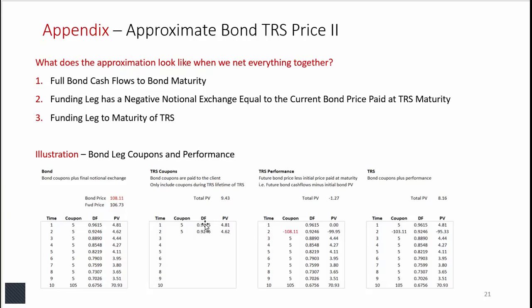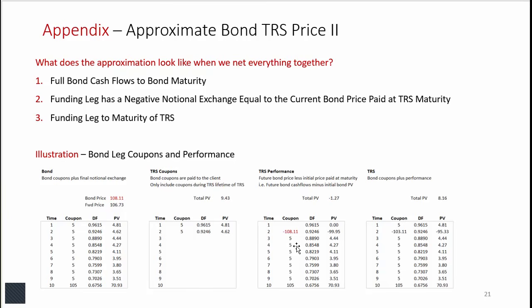It's being paid at maturity in this case, and the future price of the bond we can compute from risk neutral pricing. So we just sum up all the cash flows in the future to get the future price of the bond.